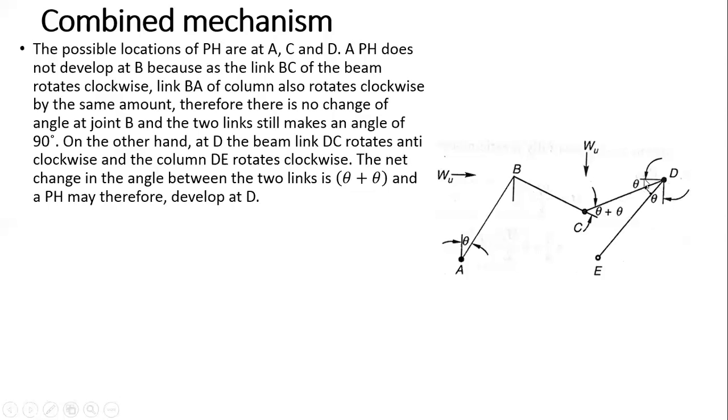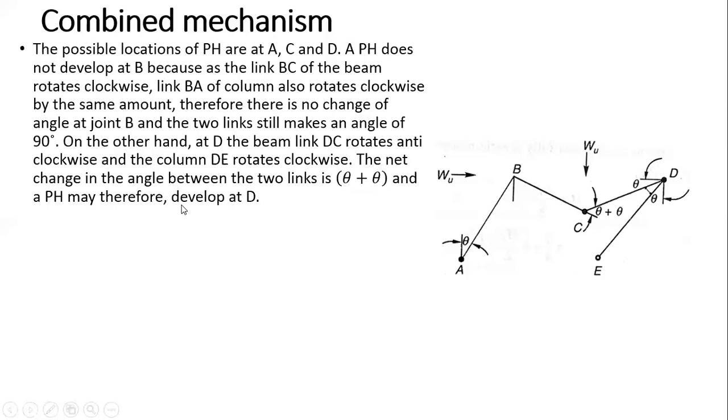So this is theta here and this is theta here. So there is a net change in the angle. How much is it? Theta plus theta. Now these two links are not making an angle of 90 degrees as in the case here. So this means that the plastic hinge is formed here, not here. The explanation is given here.